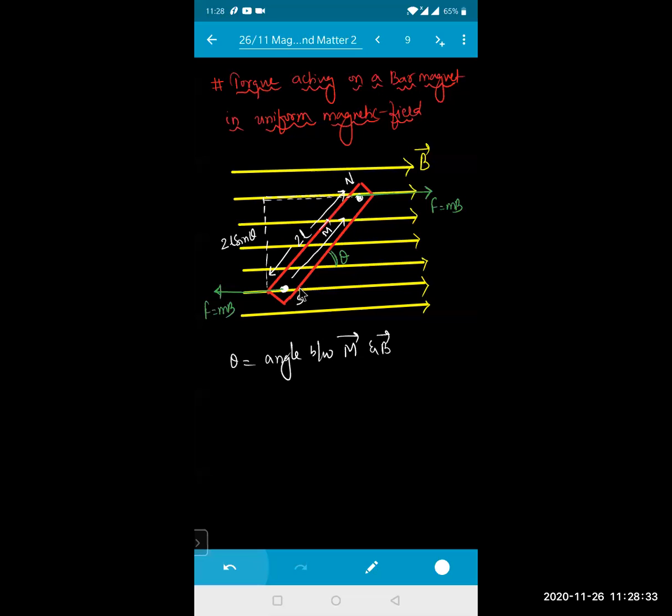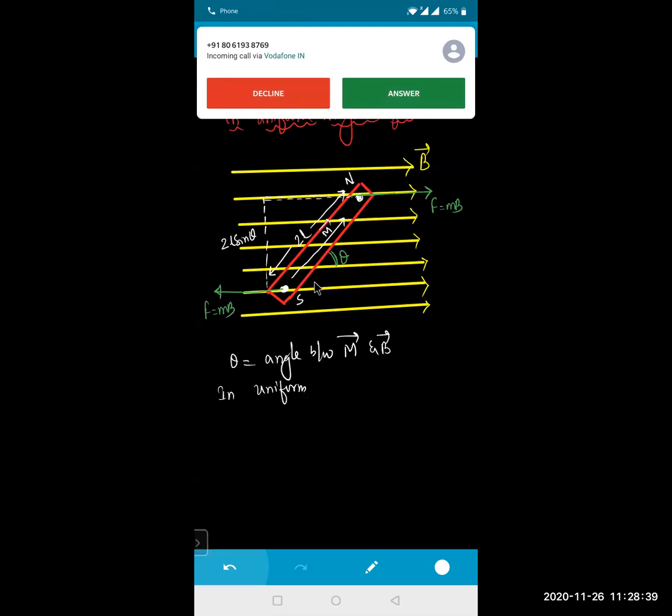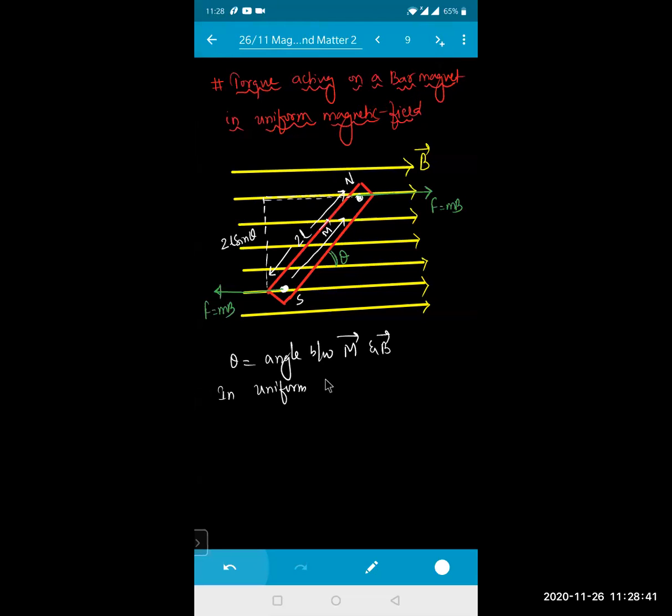Theta. Isn't it? In a uniform magnetic field, a magnet will experience torque, but no force.